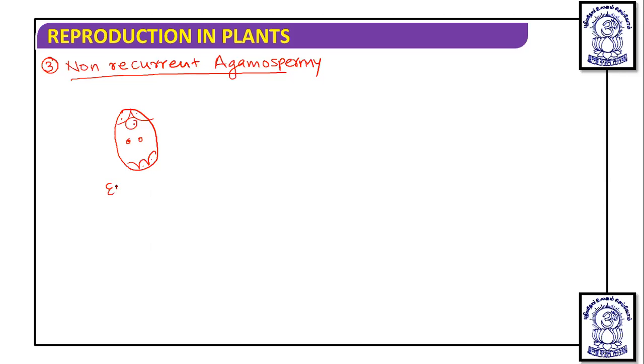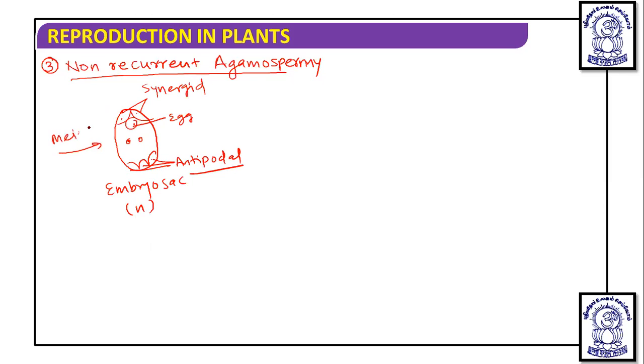So this is an embryo sac or female gametophyte which is haploid. These are synergids, this is the egg cell, these are antipodals. And it is produced normally by meiosis from the megaspore, which is produced by the meiosis of the megaspore mother cell.